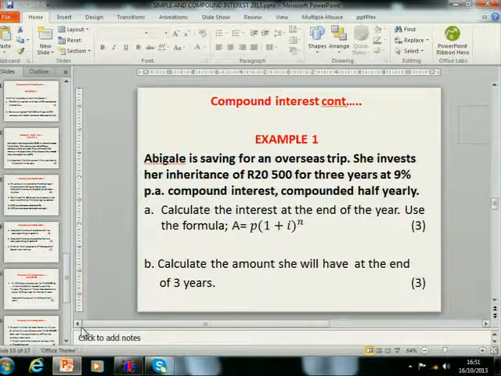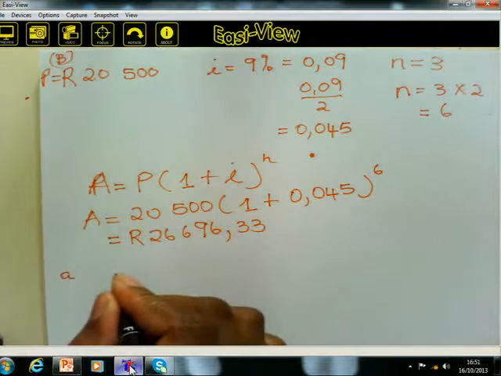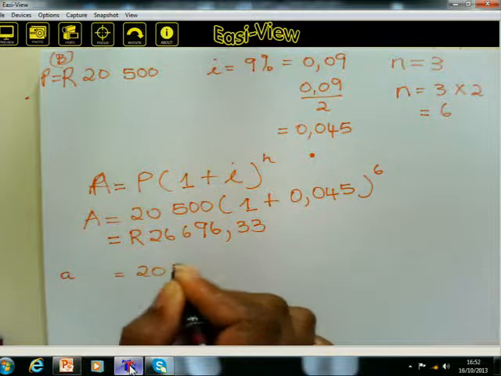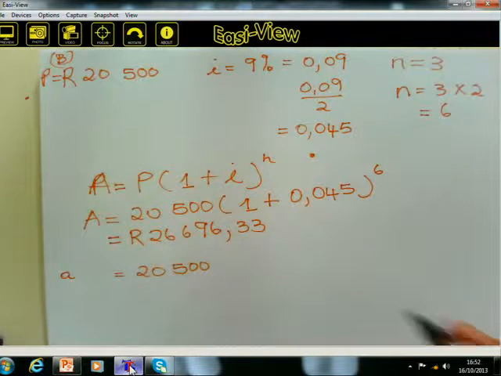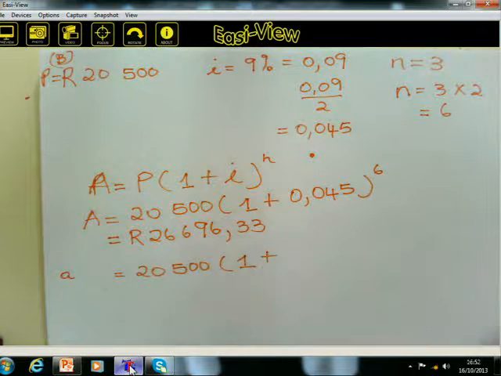Number A, they say you must calculate the interest at the end of the year. So that means the first year. So let's calculate that. Already we know that we have 20,500, and then from there, it's 1 plus the interest. Remember, we're only concentrating on 1 year now.